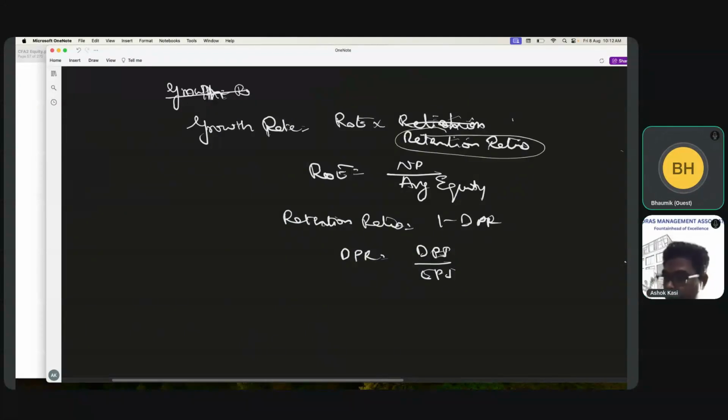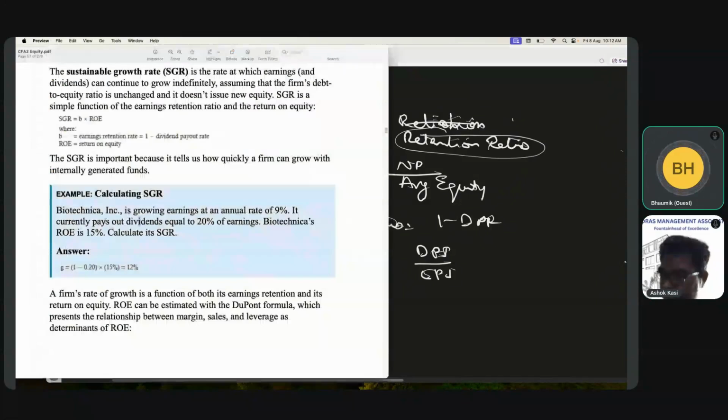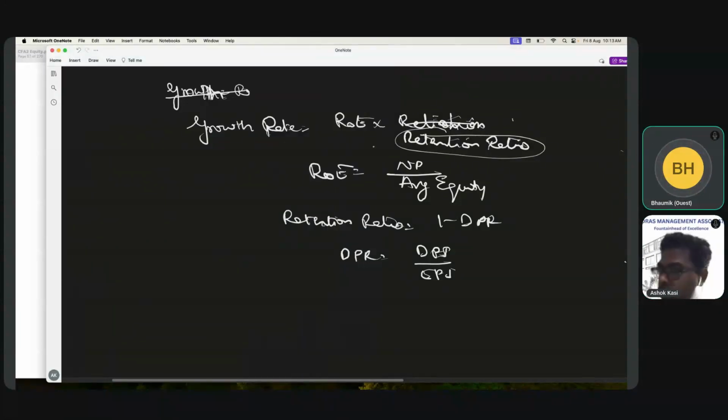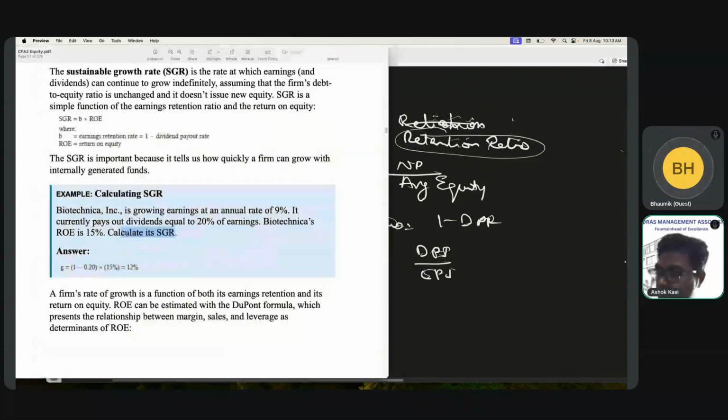Biotechnica is growing earnings at an annual rate of 9%. It currently pays a dividend of 20% of earnings. Biotechnica's return on equity is given. Calculate its sustainable growth rate. So return on equity is directly given. We have to calculate the retention ratio. They said annual earning is this much and dividend is this much.